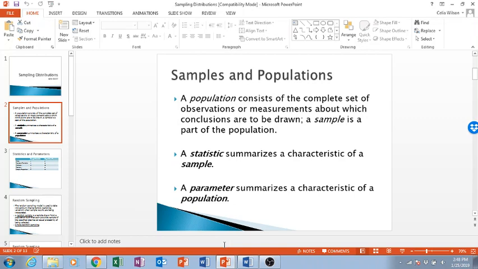If I care about incoming freshmen to four-year private universities, that's my population, and I will then pull a sample from that population. Okay, so it's not everybody in the whole wide world, it is specific to that group you care about. If you're having trouble trying to think of what the population is for your study, think about who do you want to be able to apply your findings to.